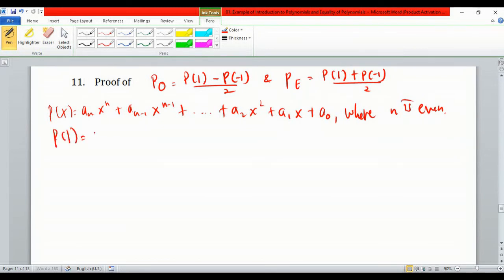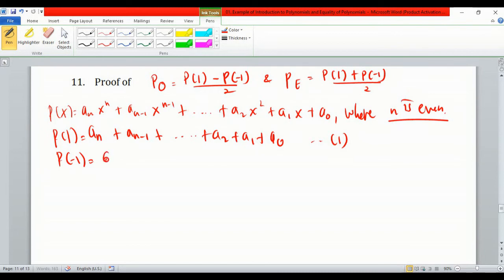So P(1) is equal to a_n plus a_(n minus 1) plus dot dot dot plus a2 plus a1 plus a0. This is the first one. And then to find P(minus 1), because the power is even, a_n stays, a_(n minus 1) becomes minus a_(n minus 1), plus dot dot dot plus a2 minus a1 plus a0.